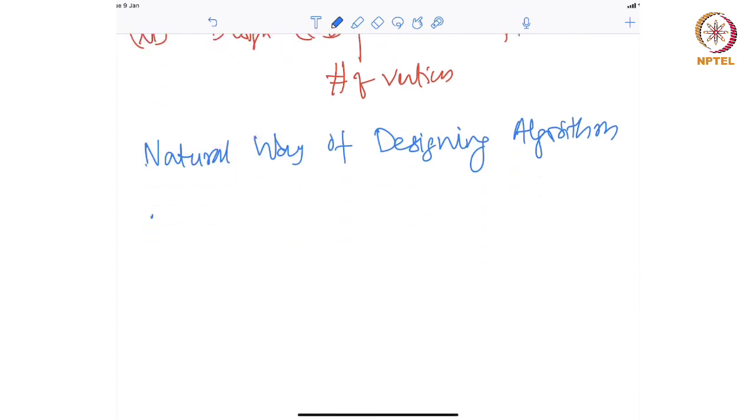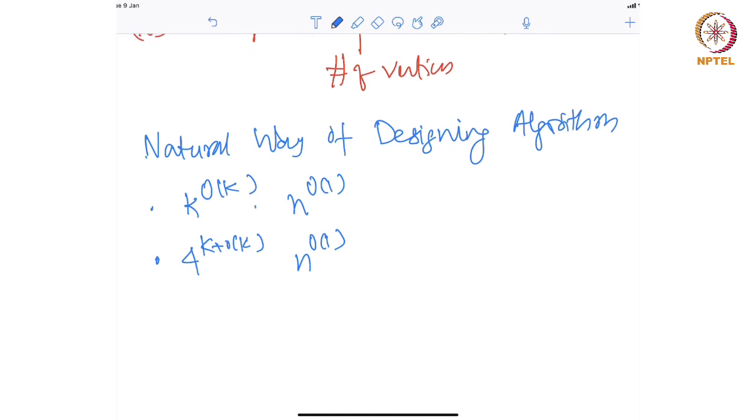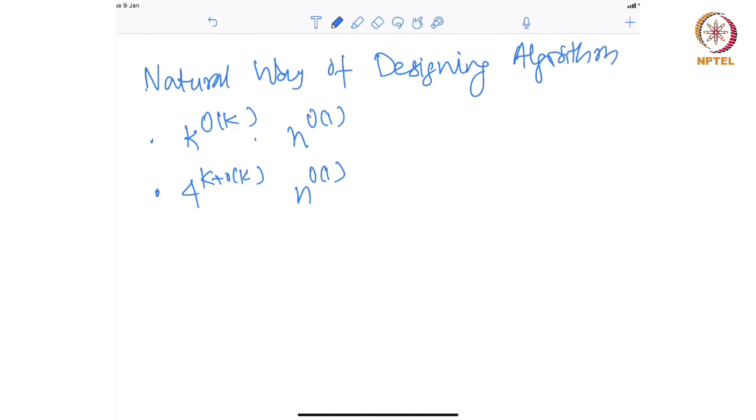The running time of our algorithm will be k to the power O(k) actually, but we will point out how this can at least be made to work in time 4 to the power k plus o(k) n to the power O(1). I will point this out to you. But besides those, we will see several other applications.